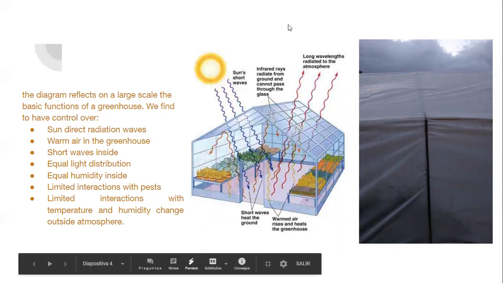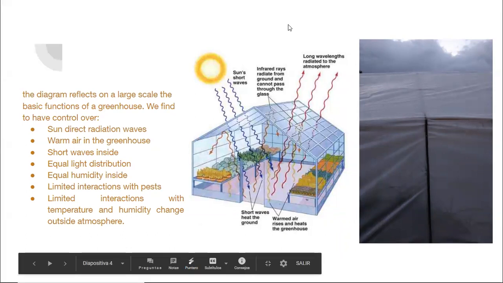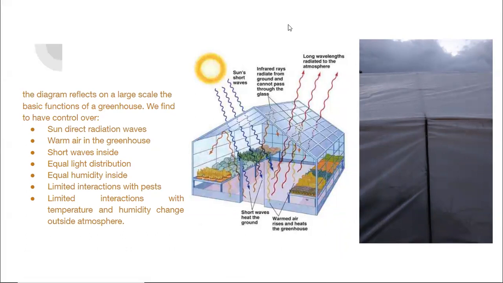And because most plants would be at ground level, we would also have humidity inside the area where they are. We would also limit interaction with pests, for example dogs or cats or birds, and we would have limited interaction with outside humidity and temperature.